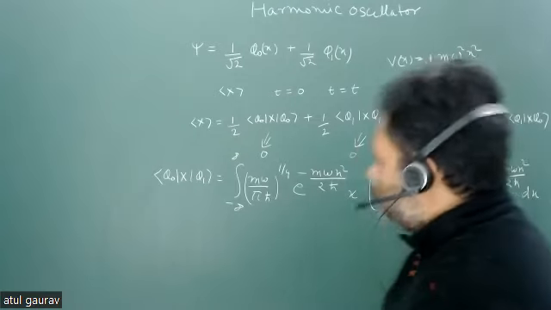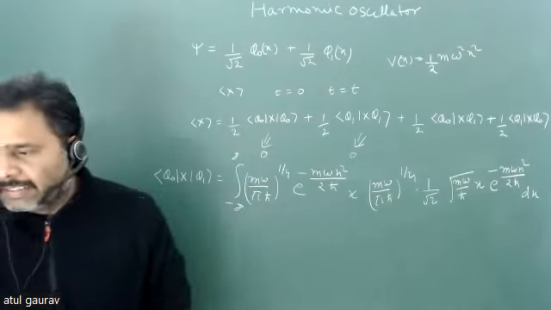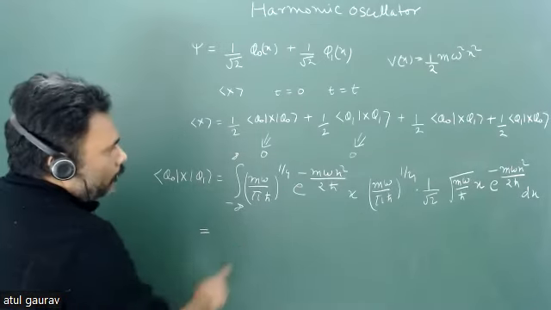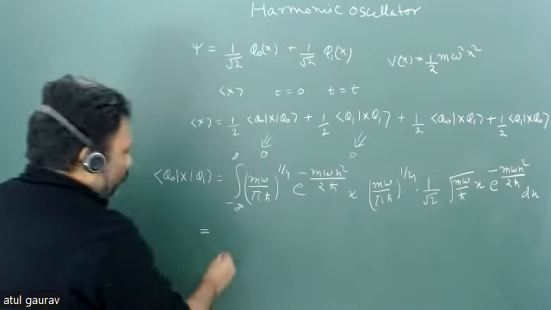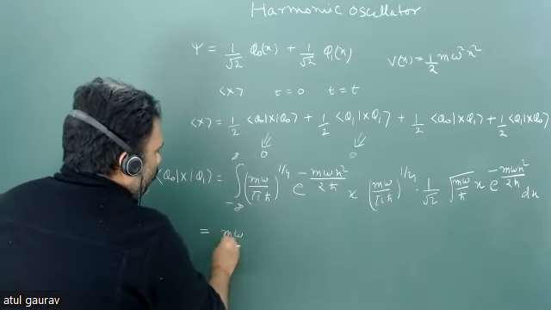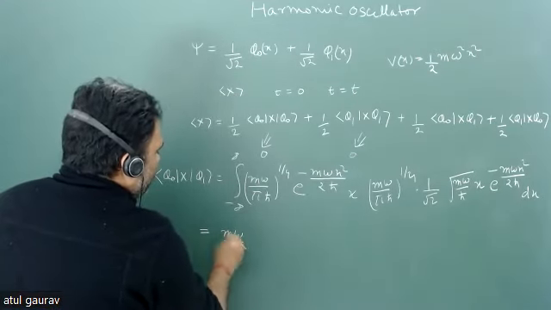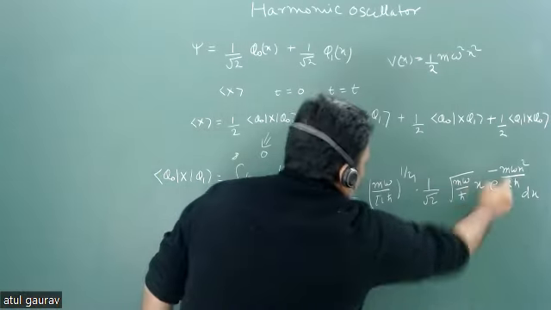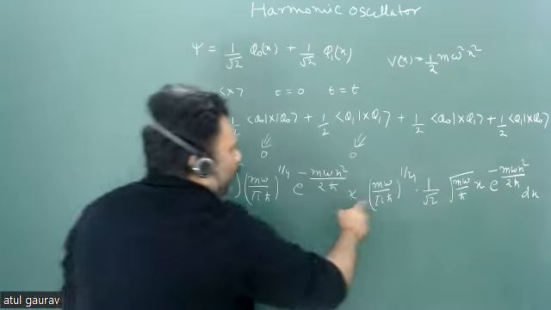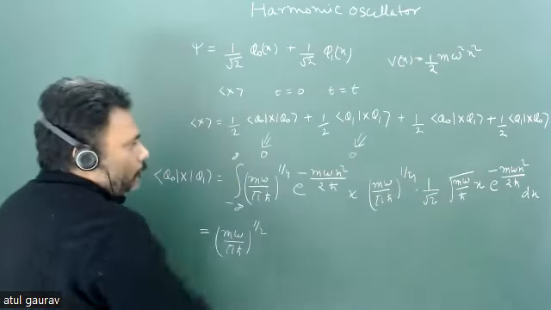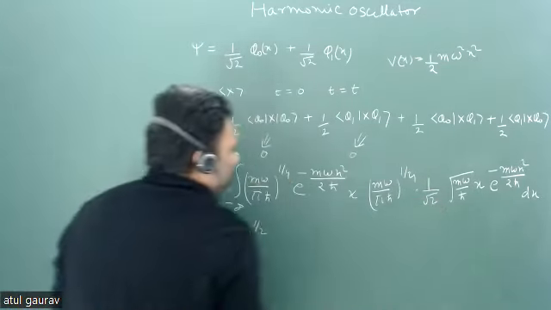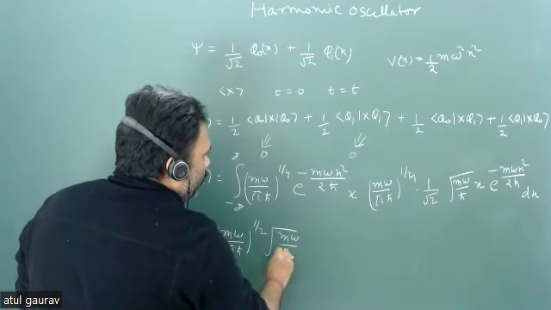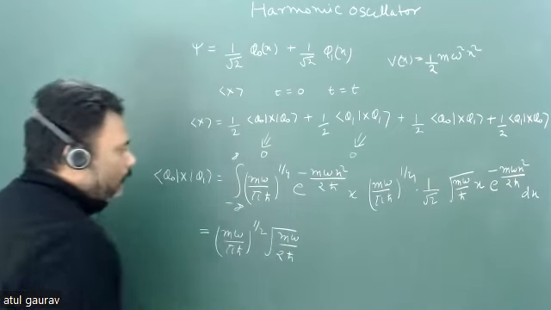So you have to make this integration a little bit compact. So this will go with this one. So we have m omega upon pi h cut, that is 1 by 2. This and this will go with each other. This factor and this factor are going to come outside. So m omega upon 2h cut will come outside.